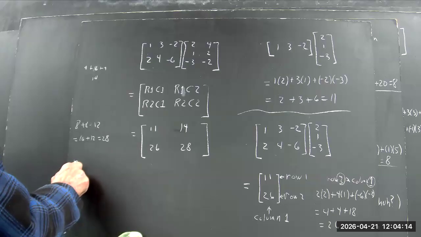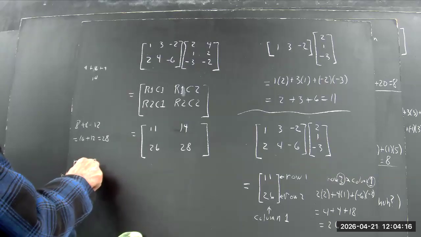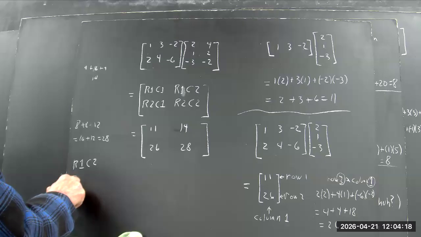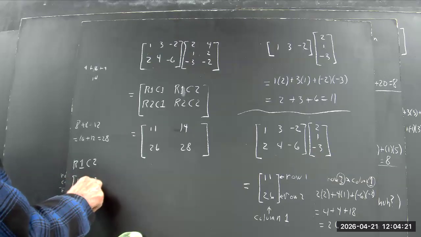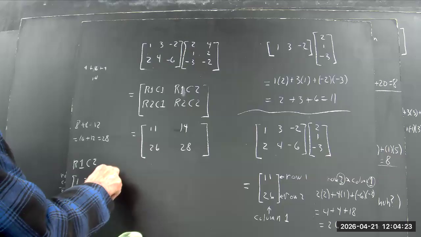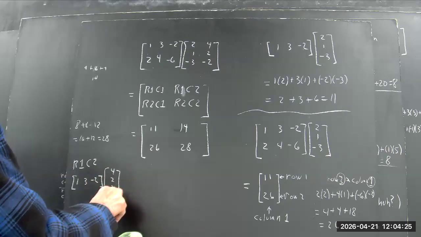Okay, I'm going to write them out. Row 1, column 2 is 1, 3, negative 2, multiplied by 4, 2, 2.